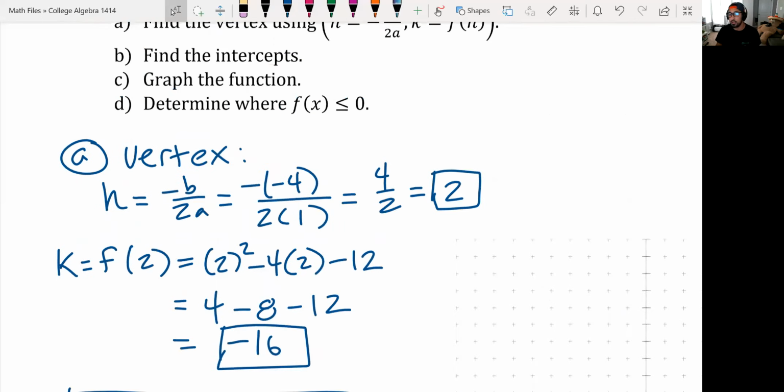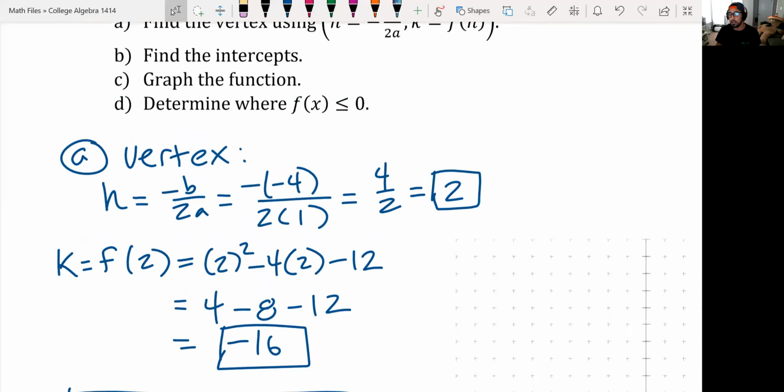And now, we do all of this to answer one simple question, which was asked in the very beginning. Where is this function less than or equal to 0? Meaning, where is this function below or on the x-axis?